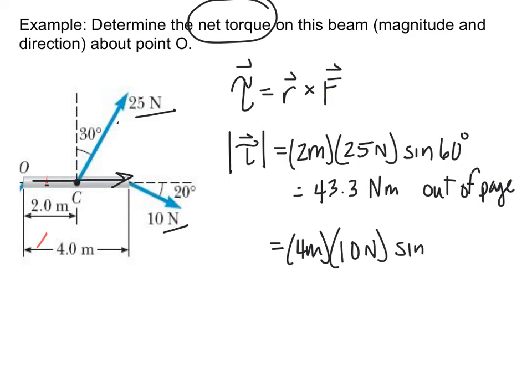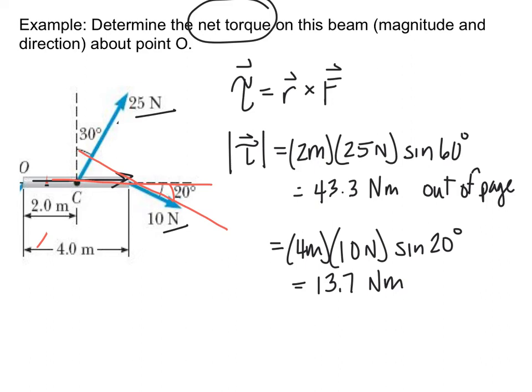And we've got to look at the angle. Okay, in this case, the angle given is actually the correct angle. So here's the direction of r. Here is our line of force, and so the 20 degrees is the correct value to use. So 4 times 10 times the sine of 20, and that comes out to be 13.7 Newton meters.